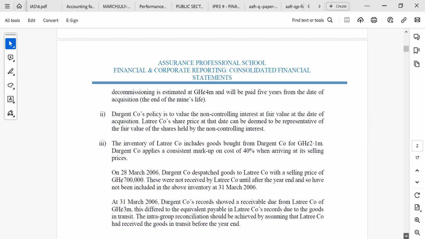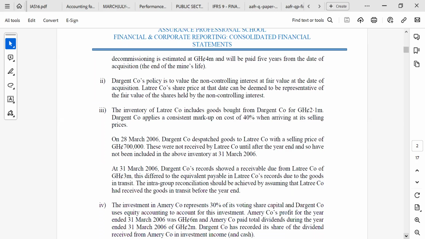On 28 March 2006, Targent Co dispatched goods to Latrico with a selling price of 700,000. These were not received by Latrico until after the year end, and so have not been included in the above inventory at 31st March 2006.